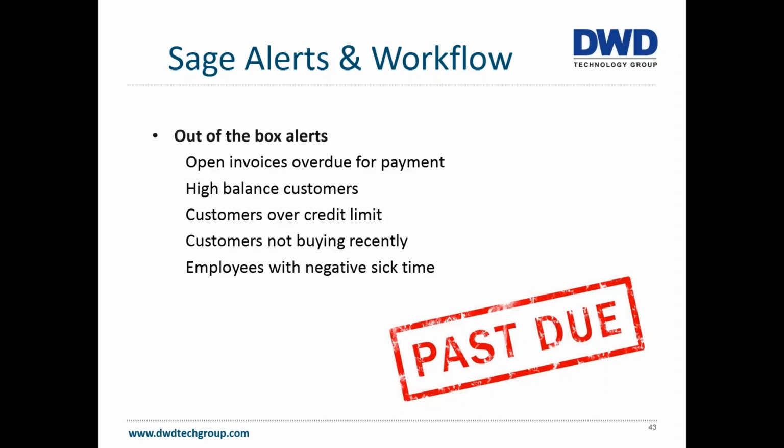Yes, they could look it up in Sage 100. They could see what orders are out there, etc. But they found it much more advantageous for the individual in the warehouse who manages it to get a text message every time an order converts from hold to open. He now knows, hey, we got another order out there to get picking on.